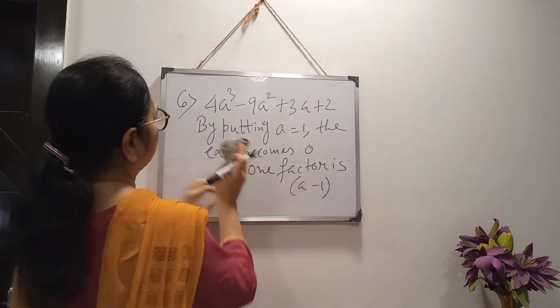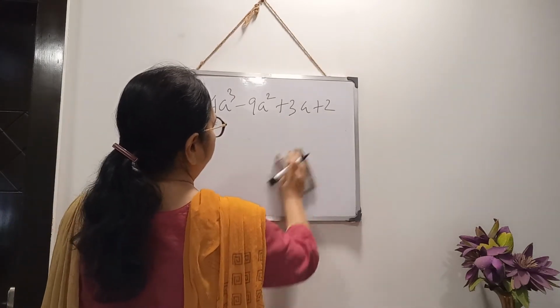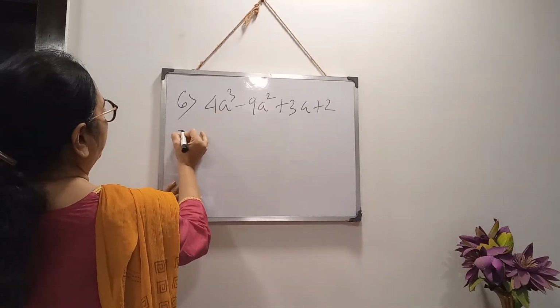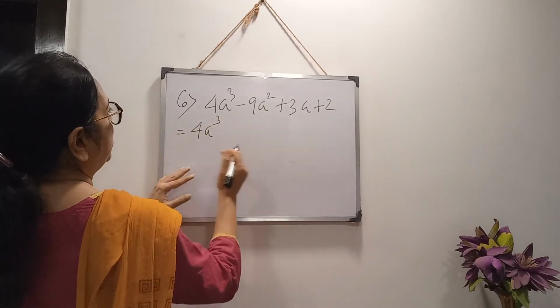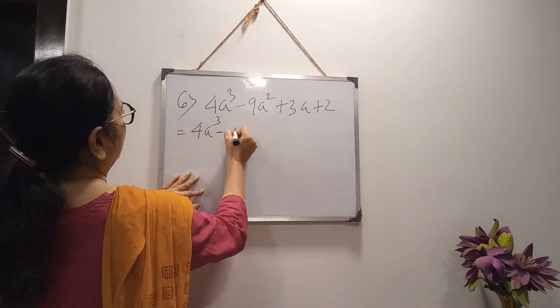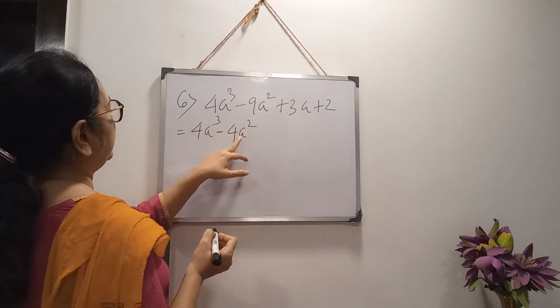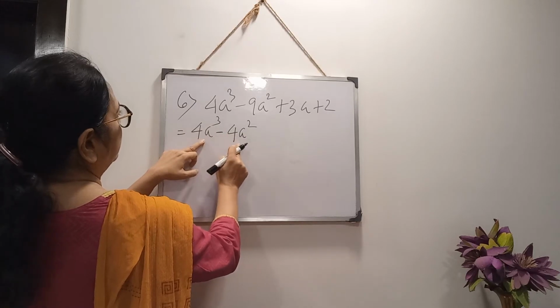Now a minus 1 will be one factor. So I have to adjust in this way. See, there is 4a cube, write down the first term, write as it is. Now minus 1, now 1 less power of a. If I take 4a square common, it will become a minus 1.